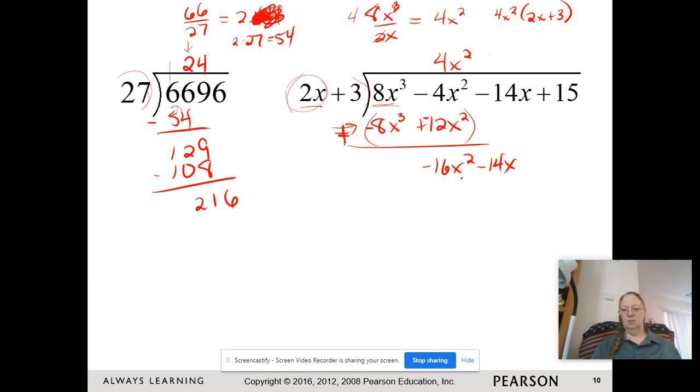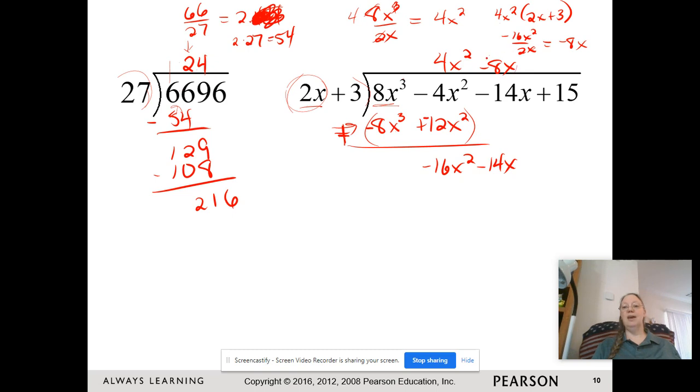So 2x goes into, right? 2 goes into negative 16, negative 8 times, and my x will cancel, and I get 1x left over on the top. So negative 8x. Now I multiply, okay? Remember to distribute.